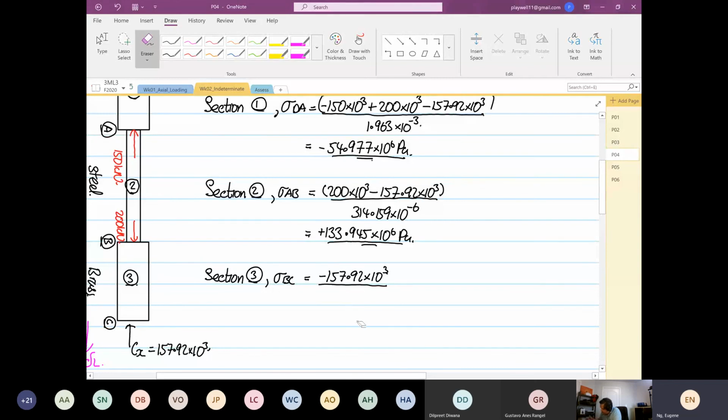The area is 1.963 times 10 to the power minus 3. So this will be equal to 157.92 times 10 to the power 3 divided by 1.963 times 10 to the power minus 3. So it's minus 80.448 times 10 to the power 6 Pascal.